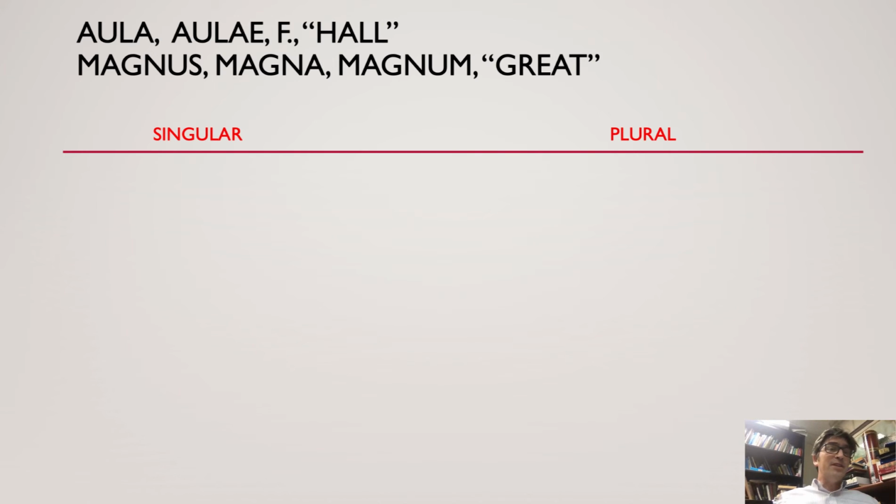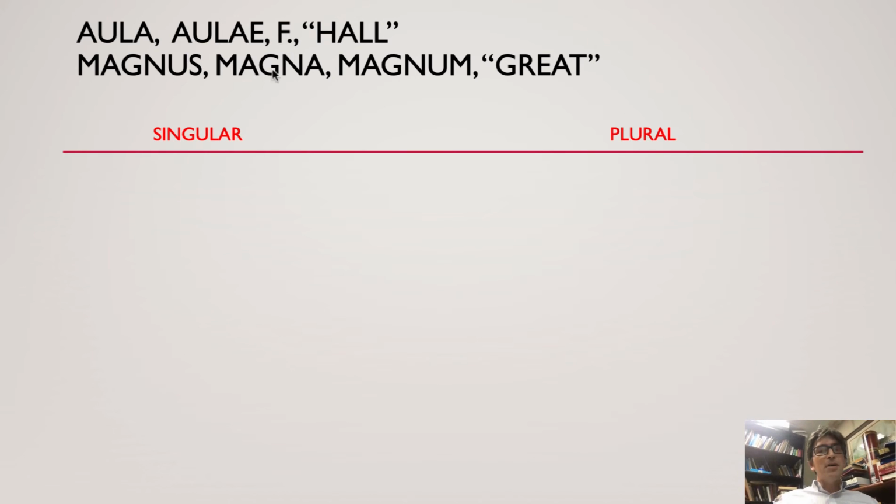So if you have a first declension noun, like aula, aulae, and as they usually are, it's feminine, your adjective is just going to mimic the endings of the noun it agrees with. And remember, it's important to note that really what it's imitating is not the endings of its noun, but the case, number, gender. But when we see that F next to aula, aulae, that's telling us that this noun is feminine.